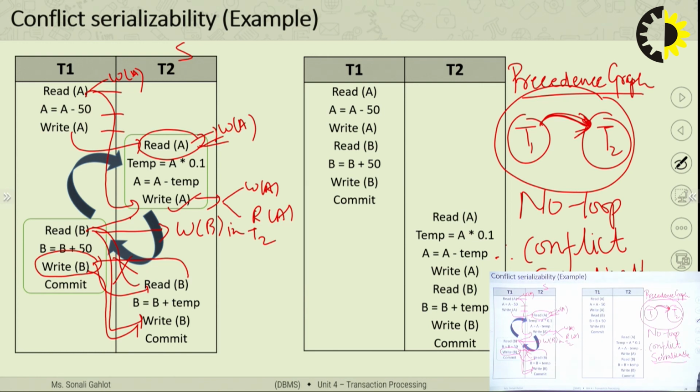It means we can change this given schedule into a serial schedule, and if we can convert a given schedule into a serial schedule, then that schedule is called conflict serializable.